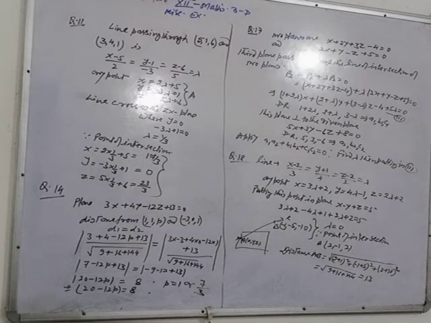Then putting the value of lambda in the point you determined above, x is equal to 3 lambda plus 2, y is equal to 4 lambda minus 1, z is equal to 2 lambda plus 2, you get the point of intersection A as (2, minus 1, 2).